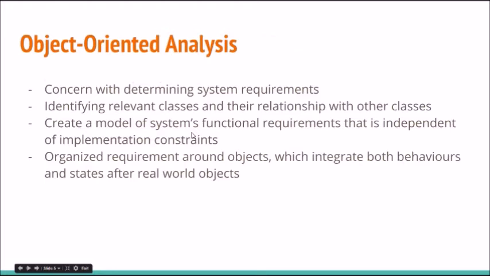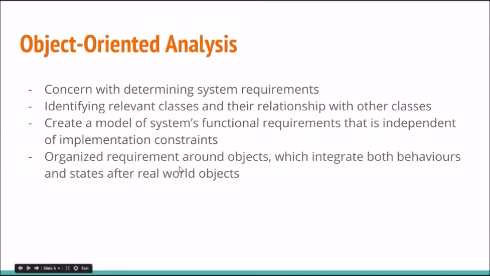What is object-oriented analysis? Object-oriented analysis is to determine the system requirements. Besides that, it identifies relevant classes and their relationships with other classes, and creates a model of system functional requirements that is independent of implementation constraints.